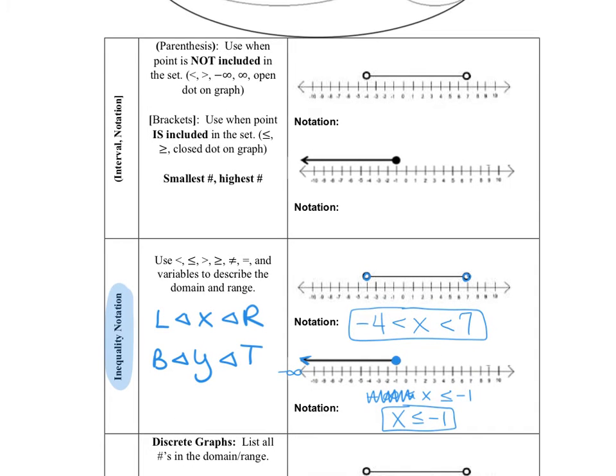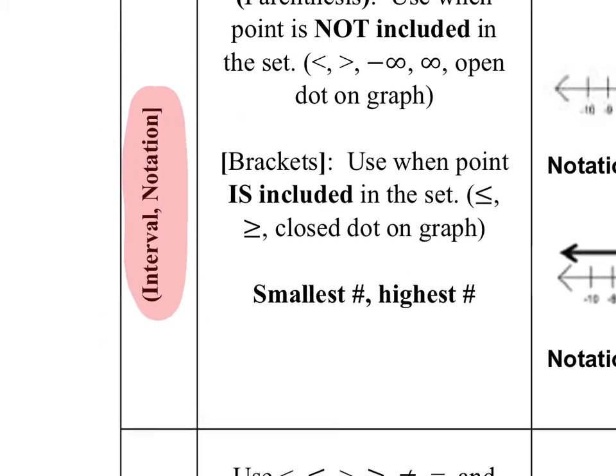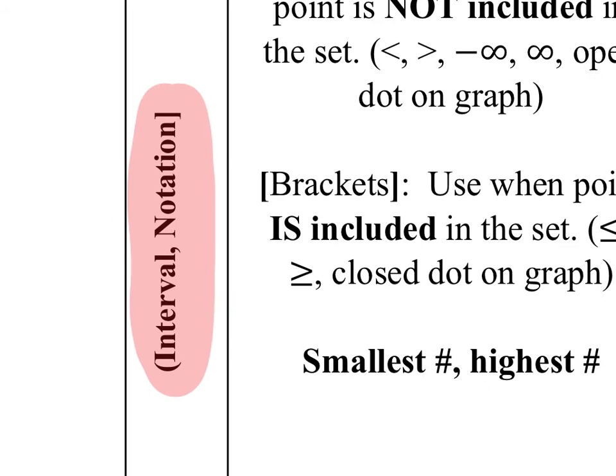In interval notation, you're just going to tell me the numbers that you're using left and right and give them either a parenthesis or a bracket to make an interval. Do you see how the words interval notation have a parenthesis or a bracket? Do you see the difference? Curved, square?